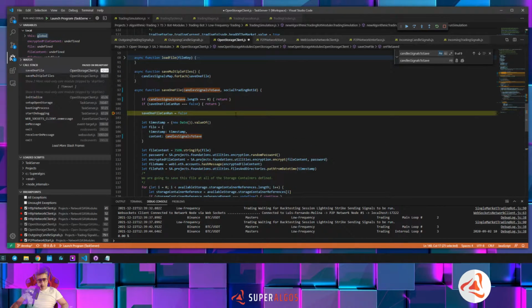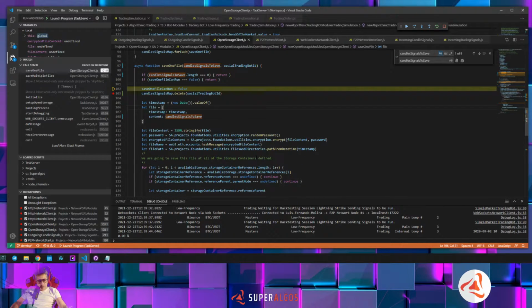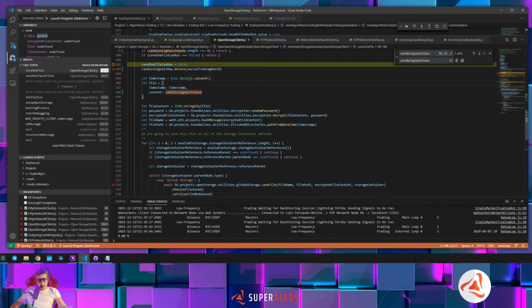I'm thinking at which point I should, my guess is that here I should delete this entry with the whole array from there. And then save the file, and as long as this doesn't crash.